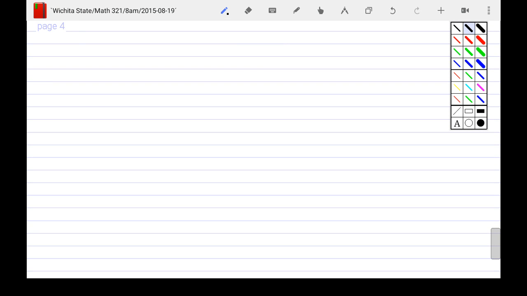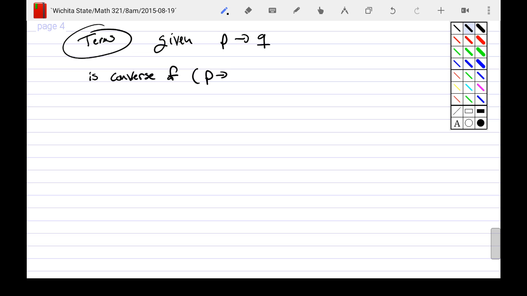And last thing is just some terms. If you're given P implies Q, sometimes we can take another thing based on this. And normally I would say, like, if P then Q, we have 3 objects. The converse of P implies Q is Q implies P. It's a completely new compound proposition, but it's called the converse of the original.